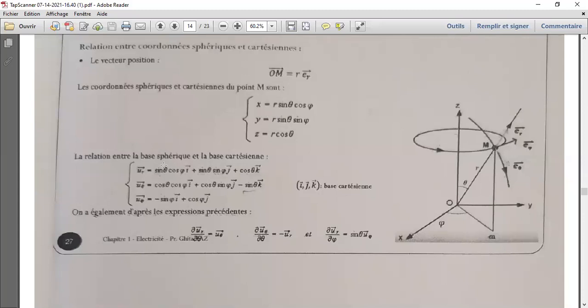For x, this one represents x, so just write sine theta cos phi, vector i, plus your y is sine theta sine phi, j, and your z is just cos theta, which you have already found. So if you just know your u_R, then you can start to play with the differentiation and all those things.